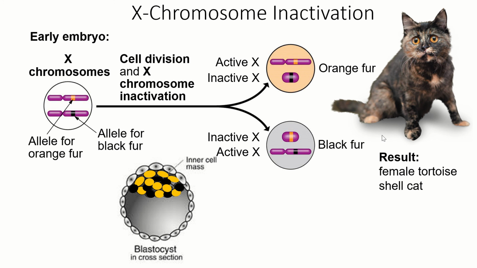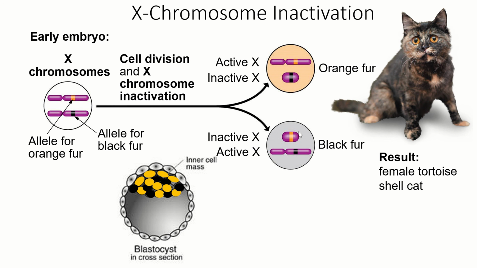So remember, we talked about different kinds of inheritance in the last lectures, and we talked about fur color being one of the things that was codominant. This is how the codominance happens.